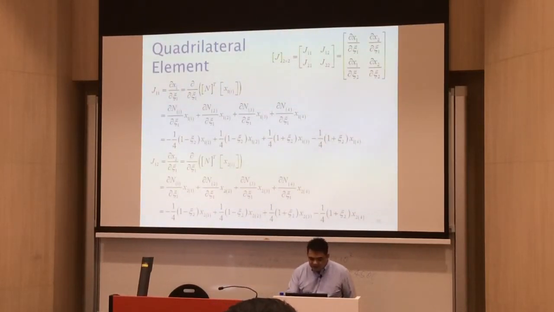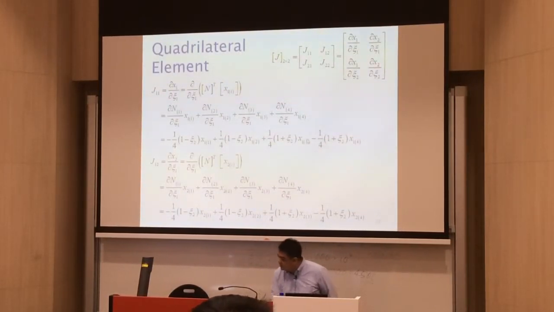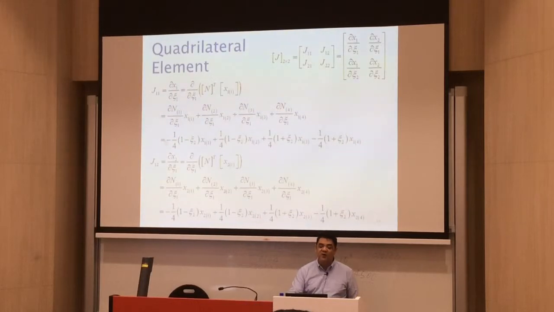Okay. This one is 0. This one is 4. This one is 0. This one is 1. So you get a number for J11. So the equation looks daunting, but actually it's very easy. Yes? So you get now a value for J11, J12, J21, and J22 by simply following these equations.